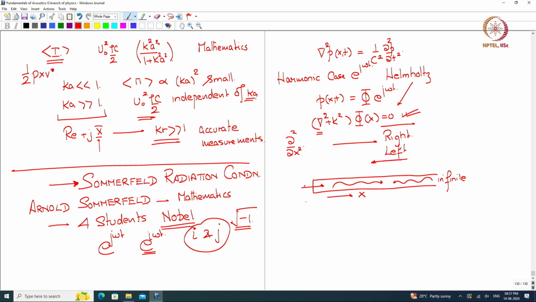Suppose hypothetically I use some basis functions to solve this problem numerically. Okay, and I solve it. It may happen that there will be a left traveling solution as part of the total solution, which is physically not possible because this is infinity.